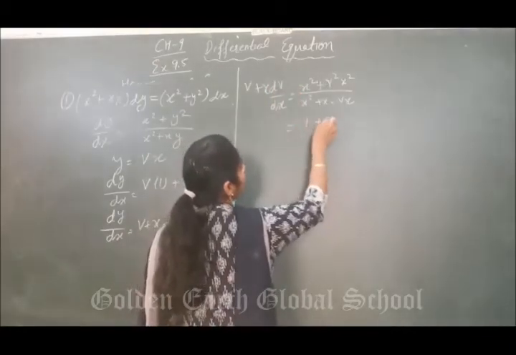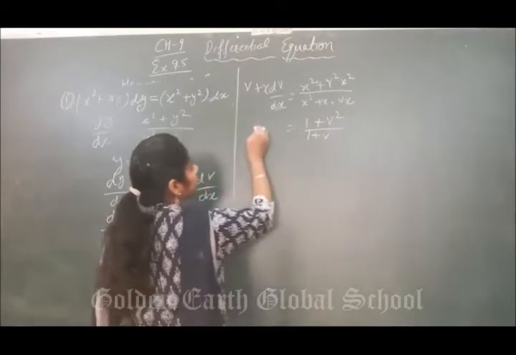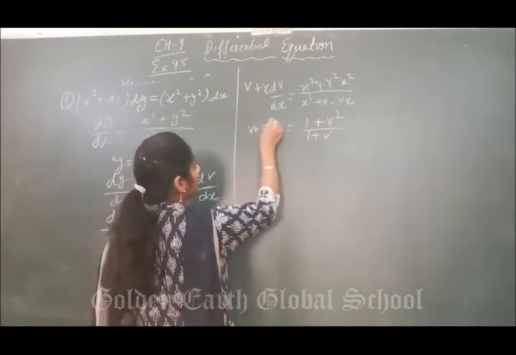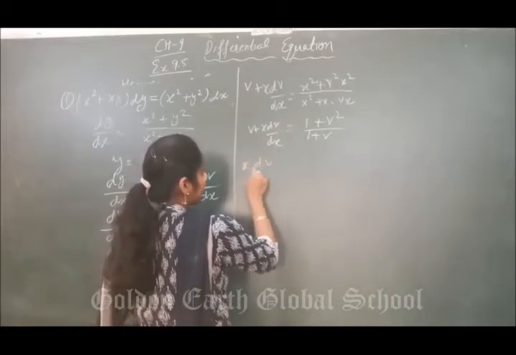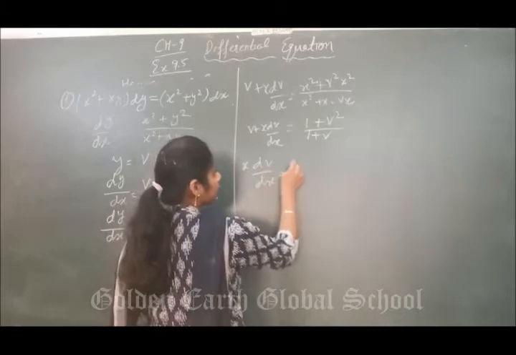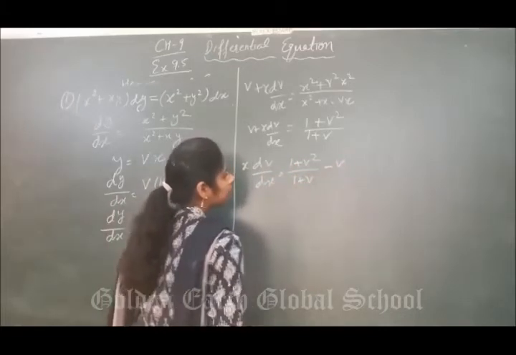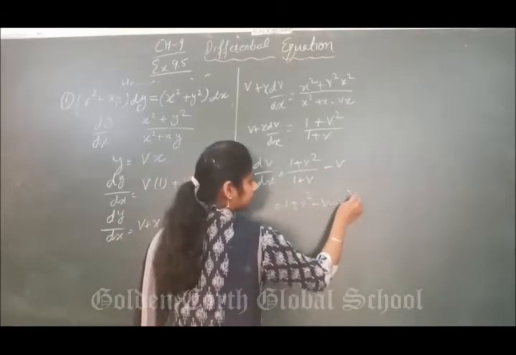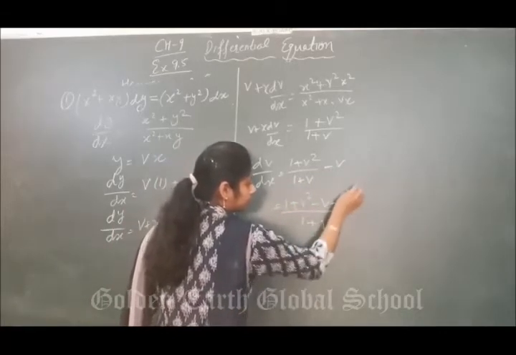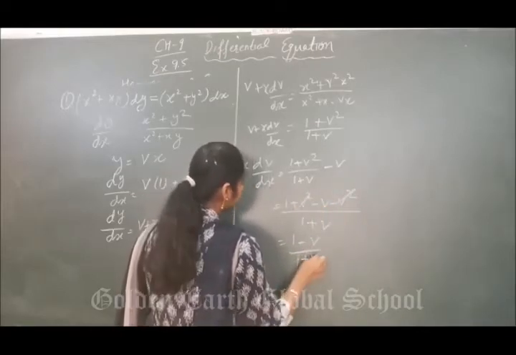We remain with 1 plus v square upon 1 plus v. Now you can easily separate the variables: x dv by dx equals 1 plus v square upon 1 plus v minus v. Simplify it by taking the LCM. The v square cancels, so 1 minus v upon 1 plus v.